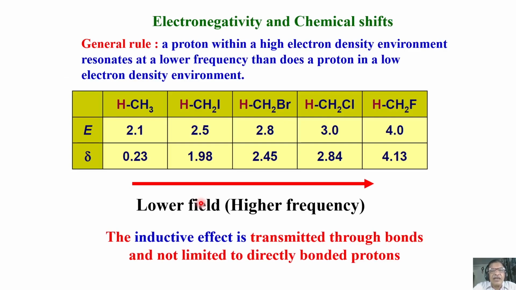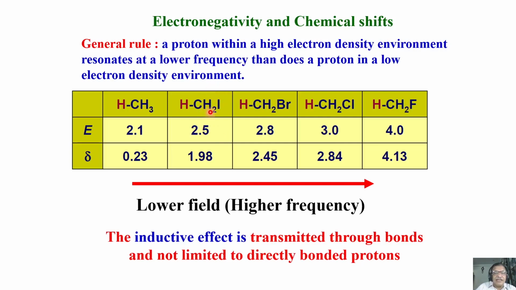Starting with electronegativity, how does it affect chemical shifts? First and foremost, if an electronegative group is attached, it changes the electron density around the particular proton because it withdraws electrons.